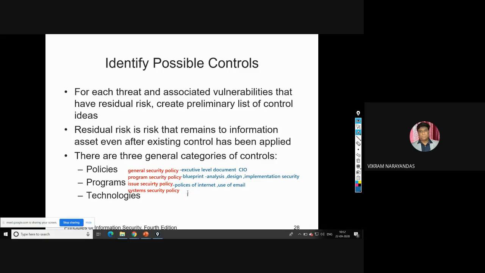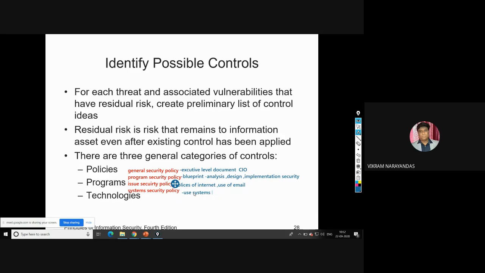Last one for today, system specific policies. System specific policies address the particular use of certain systems.